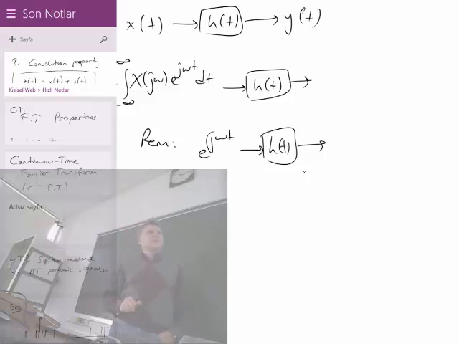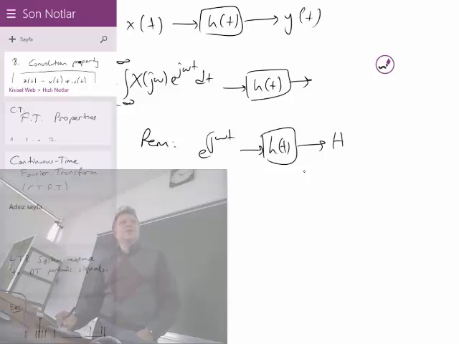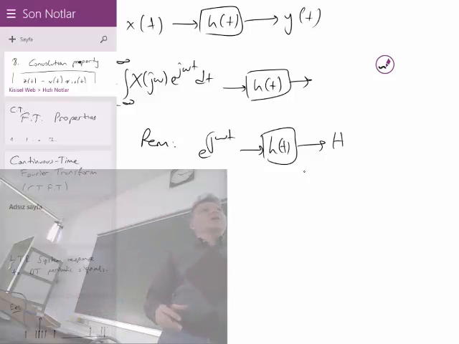The output was H of omega times e to the j omega t. That is, if the complex exponential comes into the system, the same complex exponential goes out, from Fourier series. We remember that.